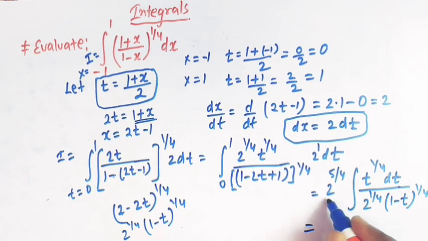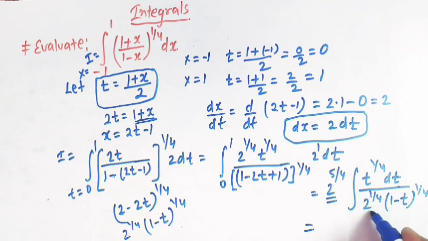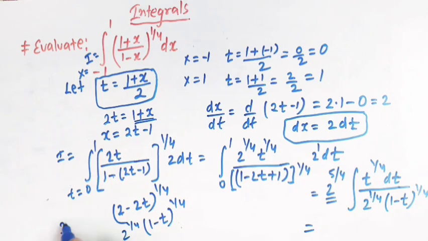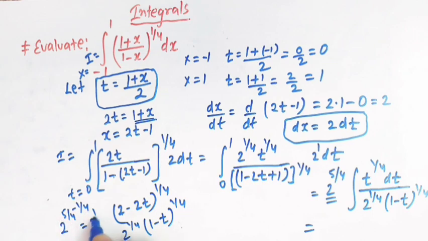Now here we have 2 raised to 5 by 4, and 2 raised to 1 by 4. When we take it to the numerator, we have 2 raised to 5 by 4 minus 1 by 4. That is 2 raised to (5 minus 1) over 4, that is 1.